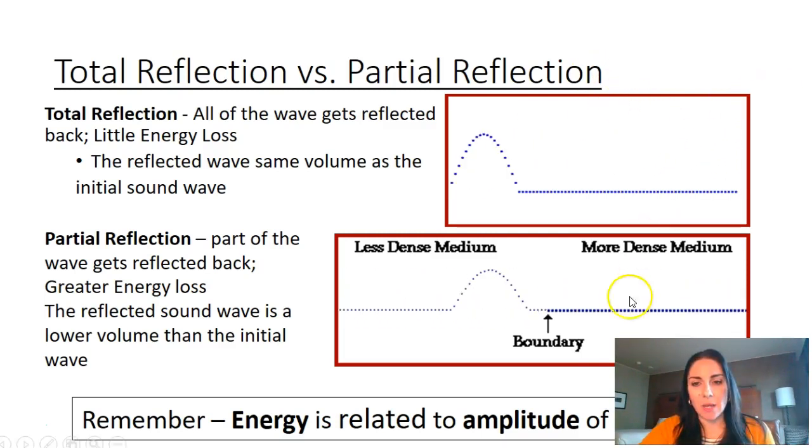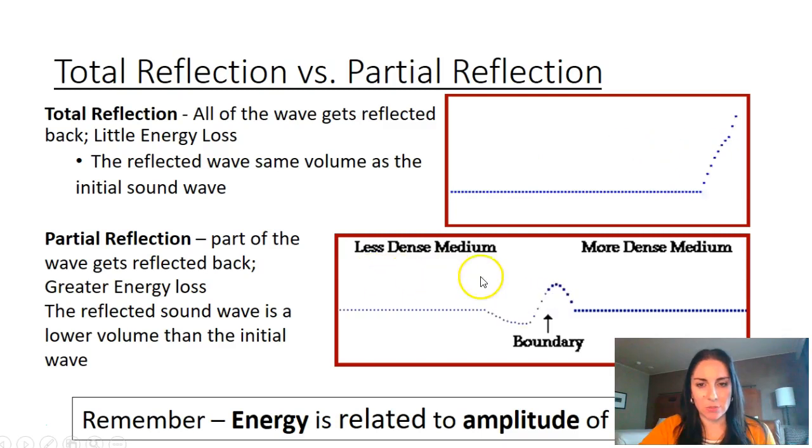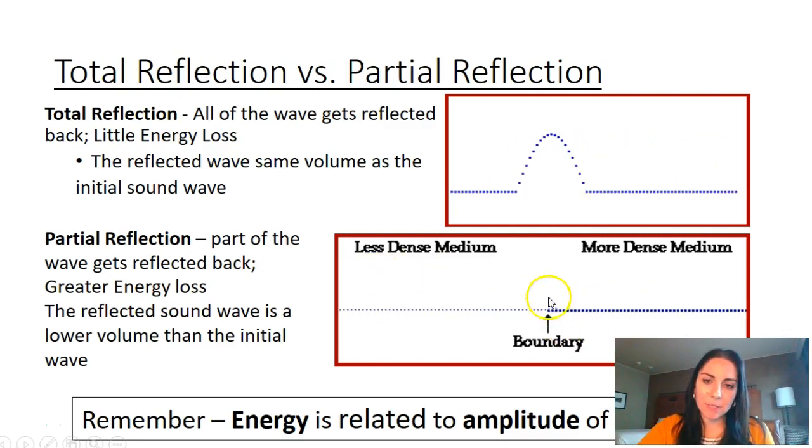I use this animation as a visual of what I mean. If you notice the incident wave, or the incoming wave here in the less dense medium, notice the height of the amplitude, right? But let's pretend that this boundary right here is a wall.